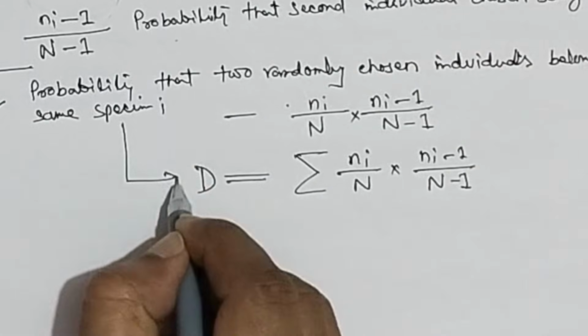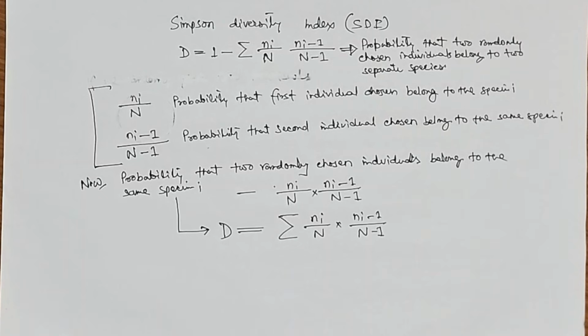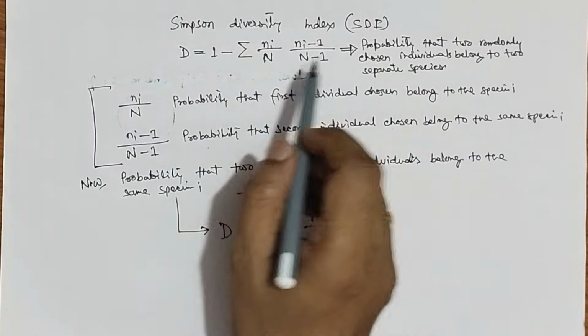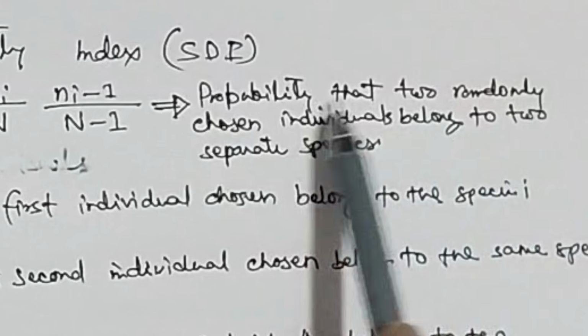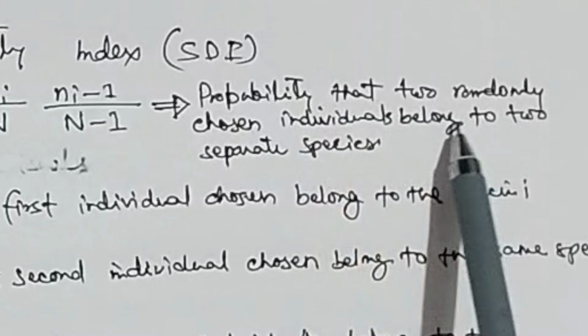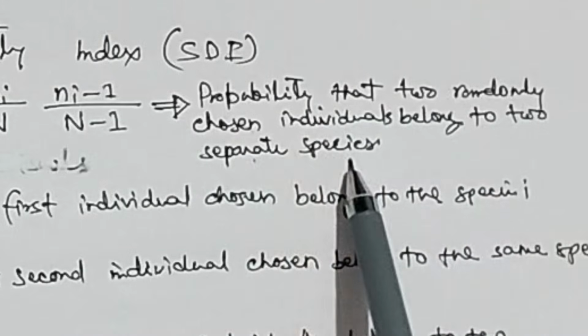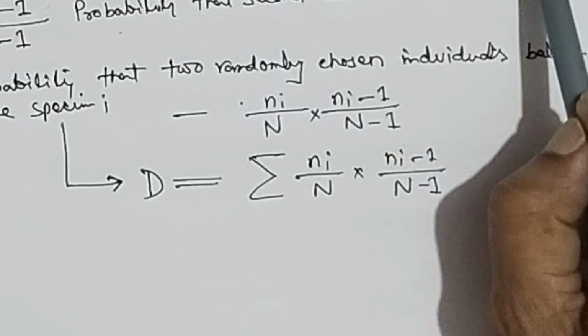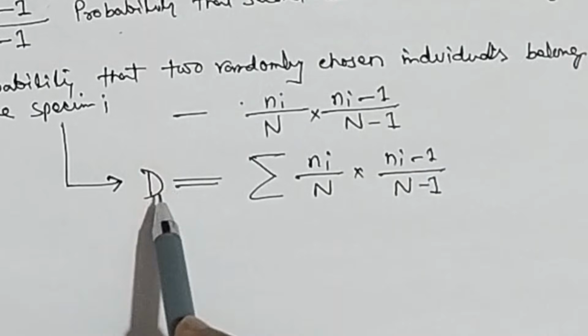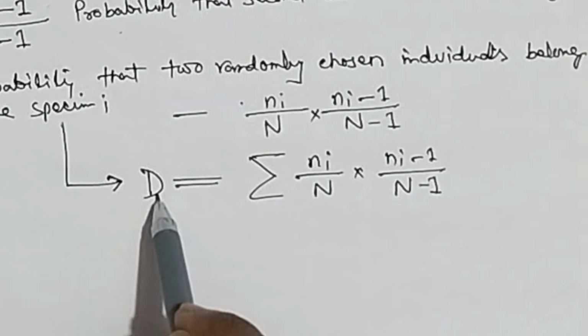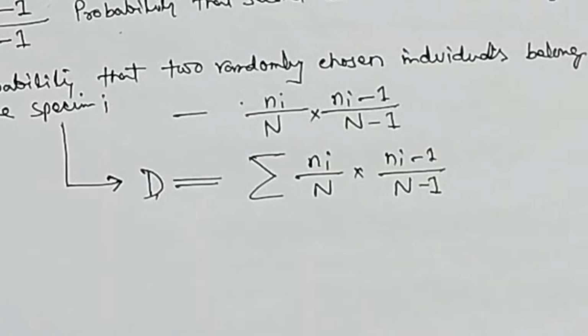But the Simpson Diversity Index is calculating the probability that two randomly chosen individuals belong to two separate species. So that means it is the complement of D. That is 1 minus D.